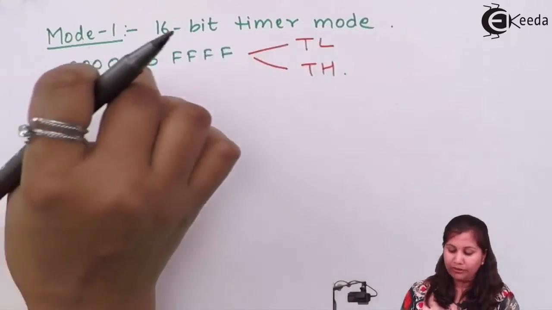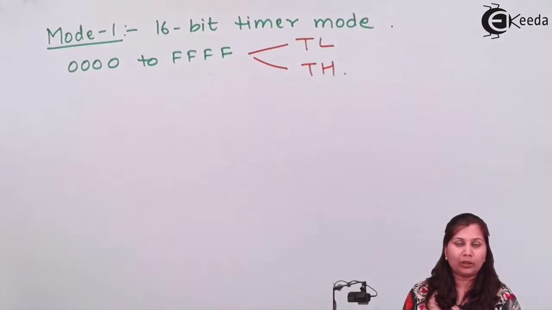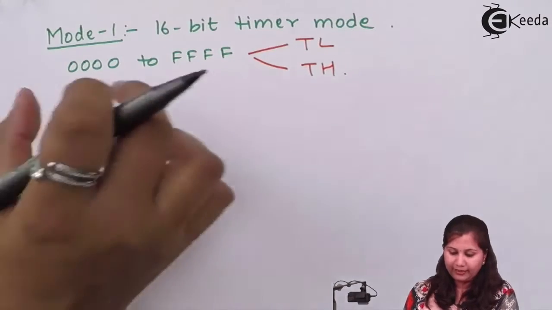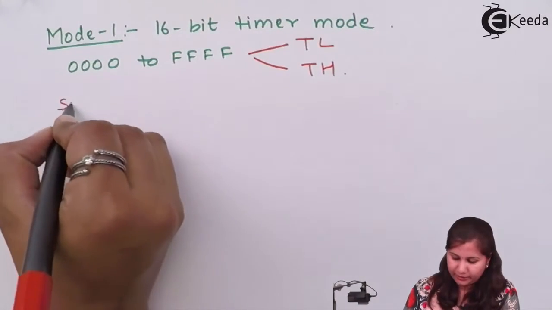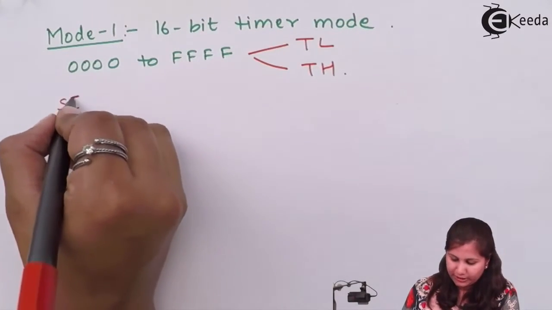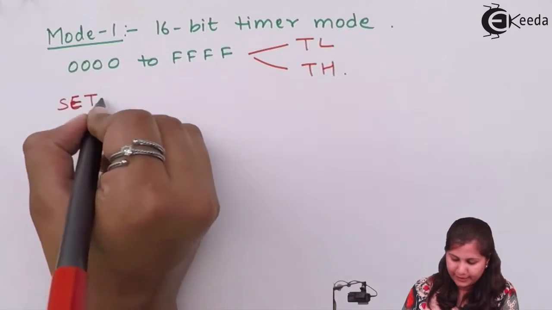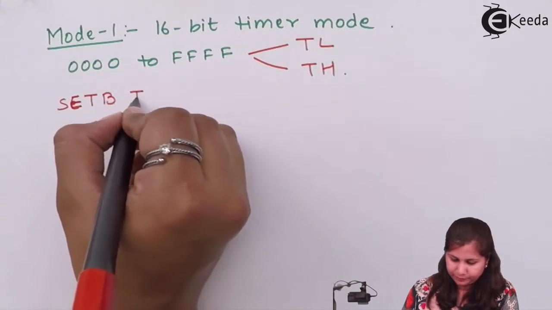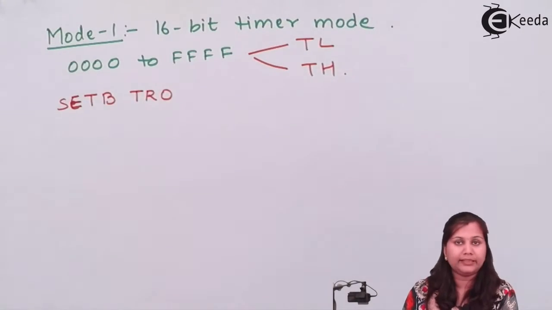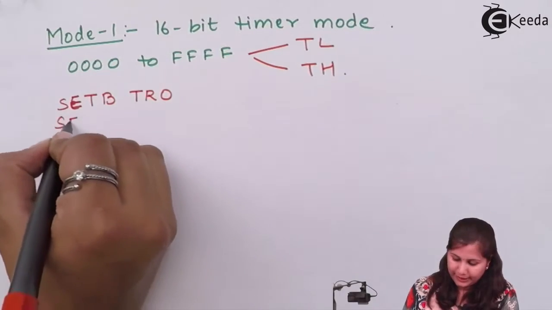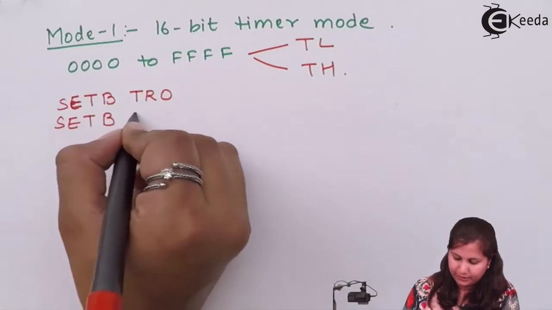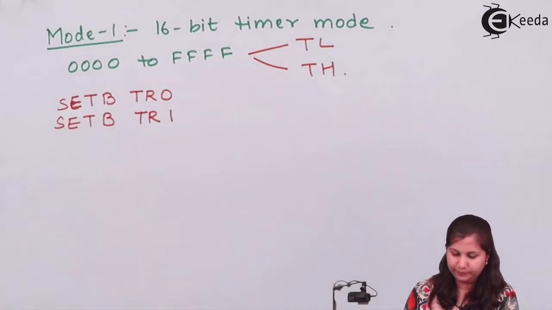So these bytes will be loaded into these two 8-bit registers. Okay, now if we want the timer to start counting, then we have to start the counters. And these counters can be started by using the instructions SETB TR0 and SETB TR1.